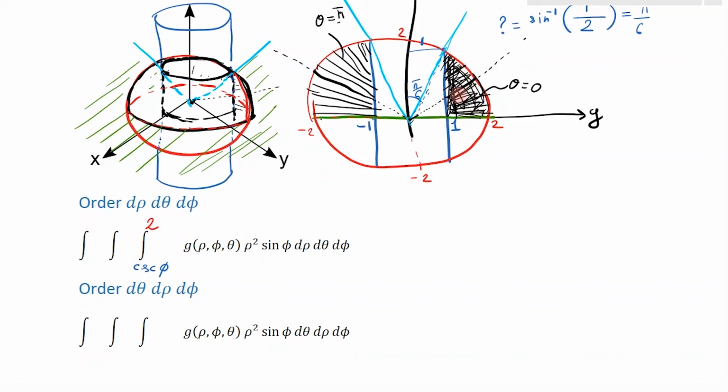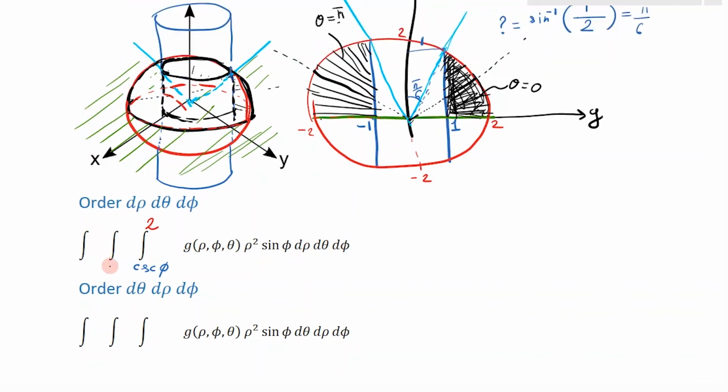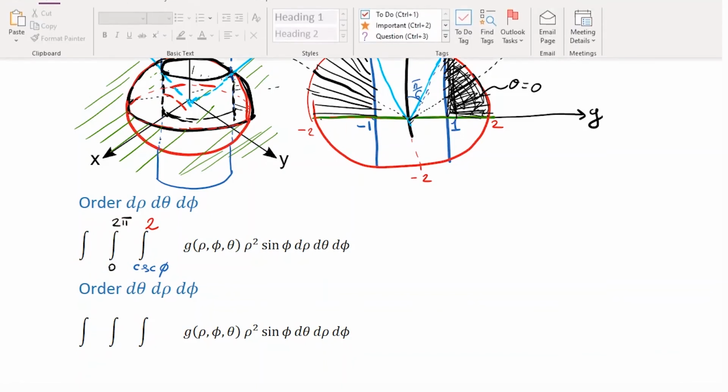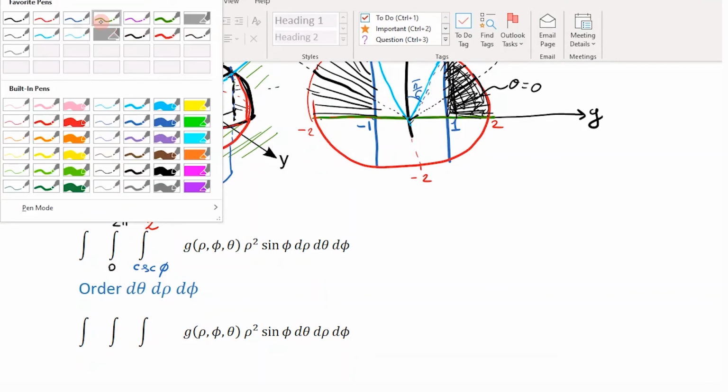This describes the rays I was talking about. The rays happen all the way around the circle, so this would be 0 to 2 pi. And the angles phi for which the rays happen go from pi over 6 to pi over 2. So it's the same bounds as before.